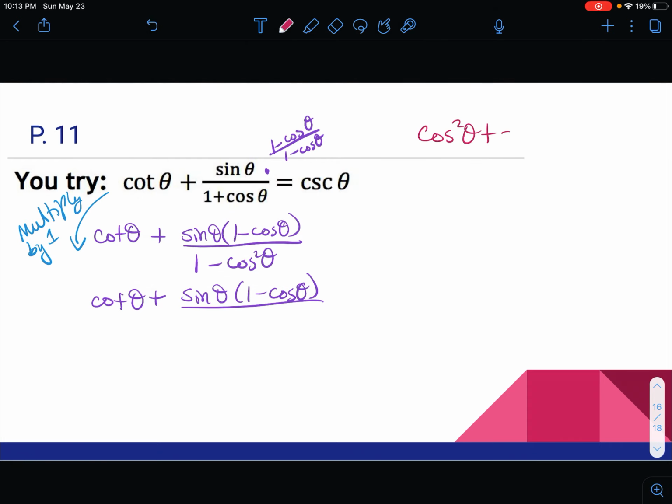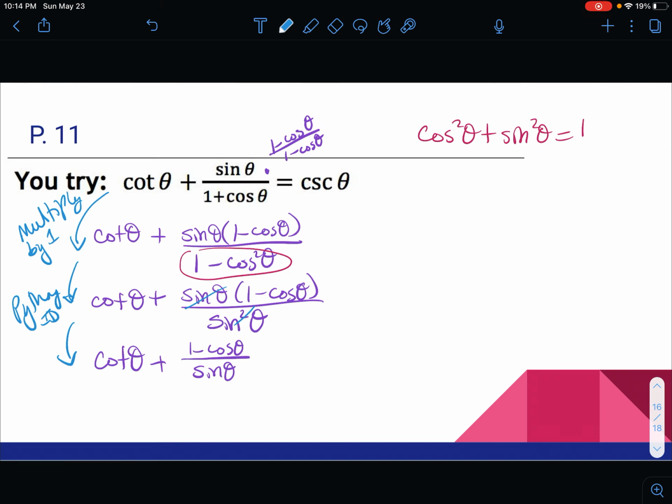Now we can do the canceling. So now we would have cotangent theta, oops, not equals, plus 1 minus cosine theta over sine theta. And the reason for this is just make ones or reduce.